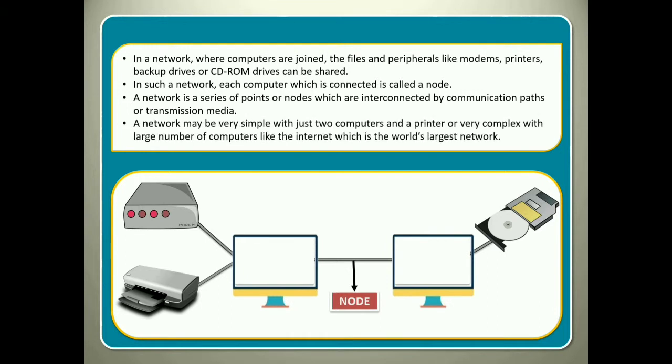A network may be very simple, with just two computers and a printer, or very complex with a large number of computers, like the Internet, which is the world's largest network.